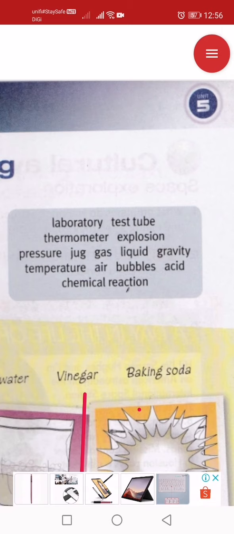Jug. Gas. Liquid. Gravity. Temperature. Air. Bubbles. Acid. Chemical reaction.